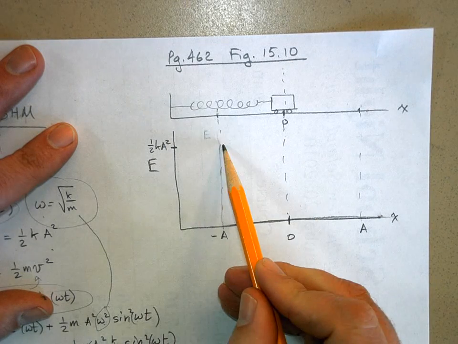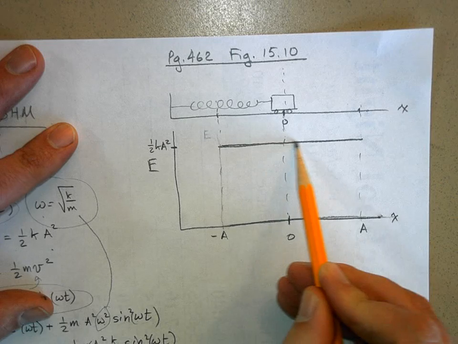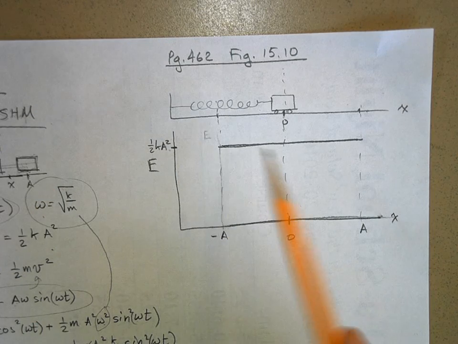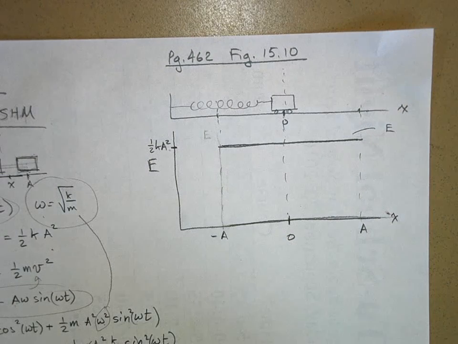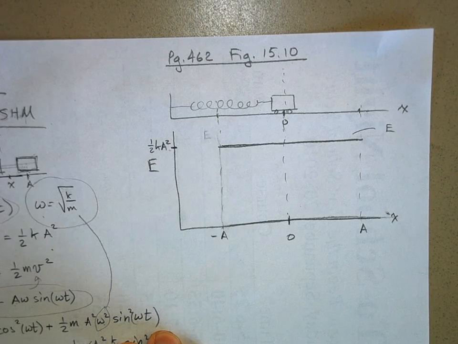And the total mechanical energy here is a constant. It doesn't change. The total energy, so we'll make this E. But now let's draw a separate graph for the kinetic energy. What is the kinetic energy at negative A and at A? 0.